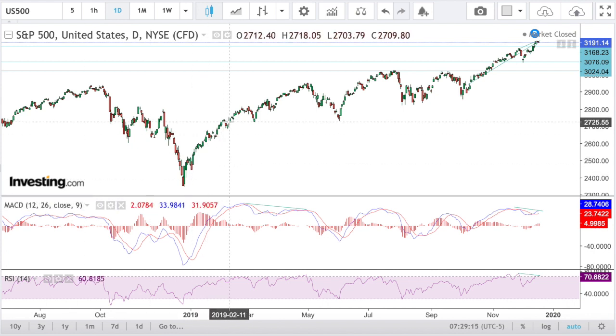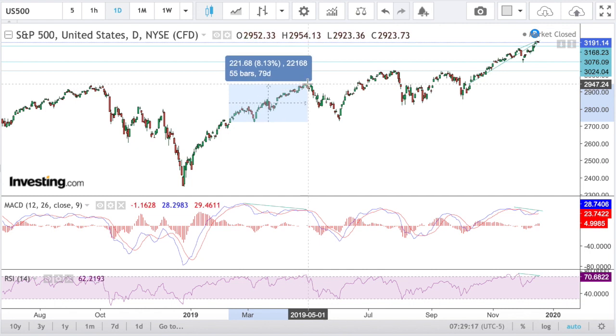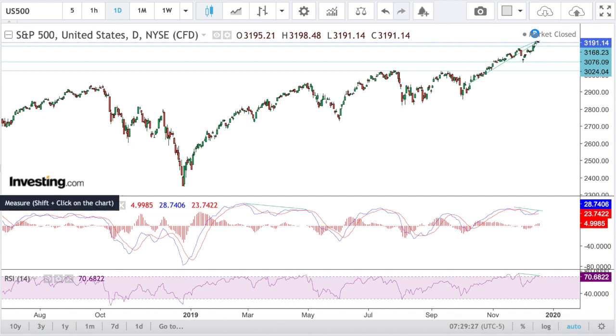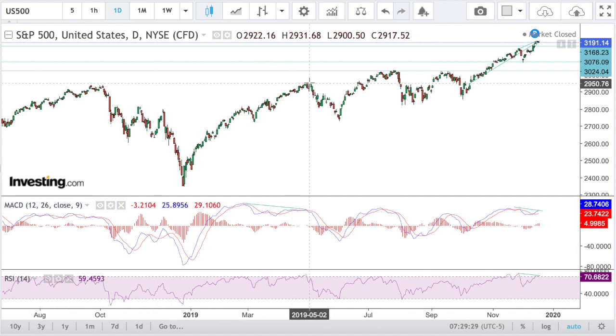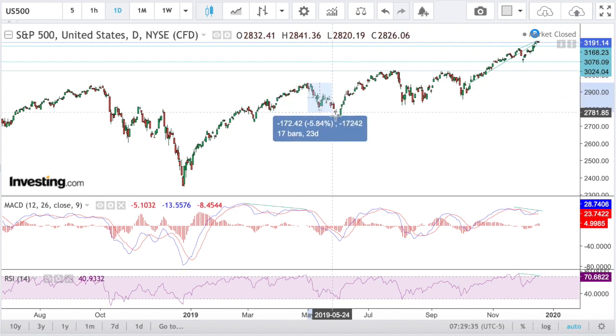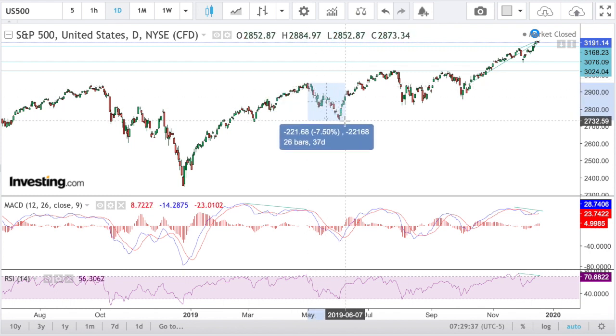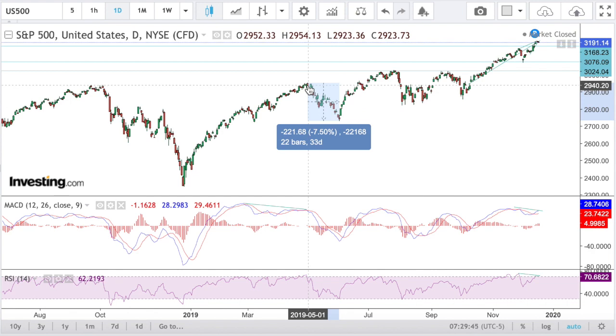You can see that from the same level, it took 80 days to get to the top, 80 days of grinding slowly all the way up. And in terms of downside, from the same point to the same price level, it took 33 days. So, that's less than half the amount of time for the same amount of profit.